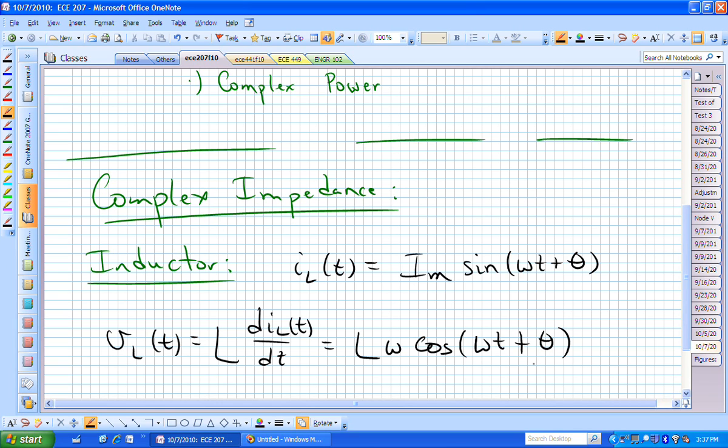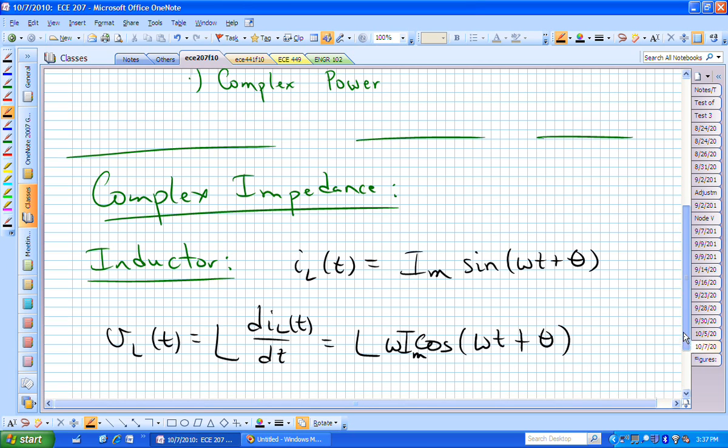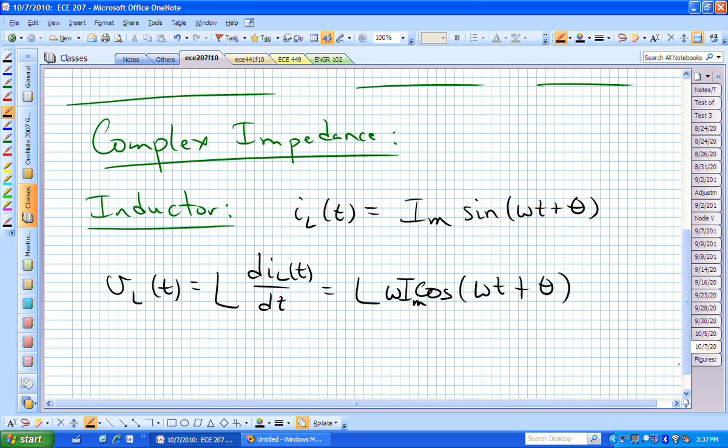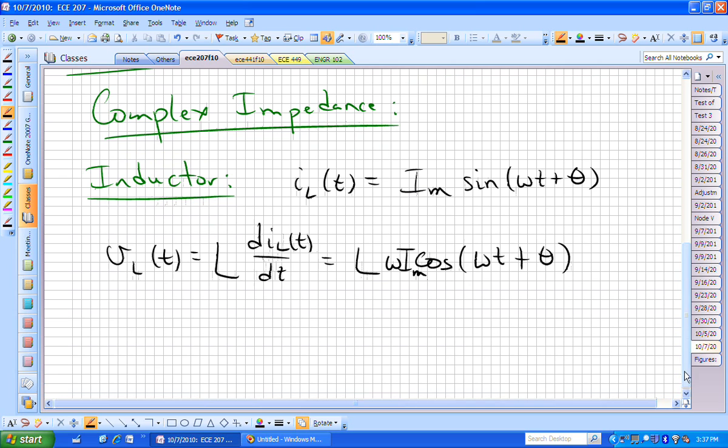And where did my I sub m go? Somehow I lost that. That should be remaining. That's also a scaling factor. So we have omega L I sub m times cosine omega t. Let me write it in that form.